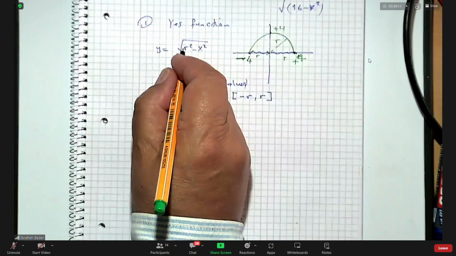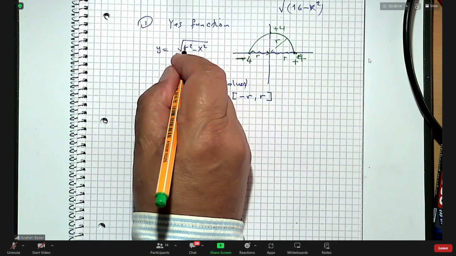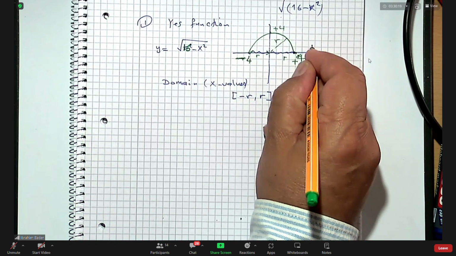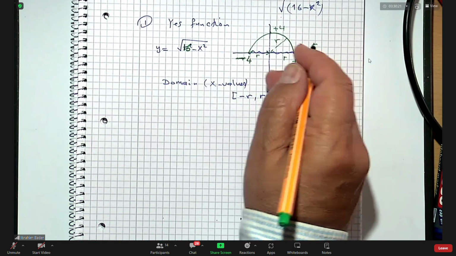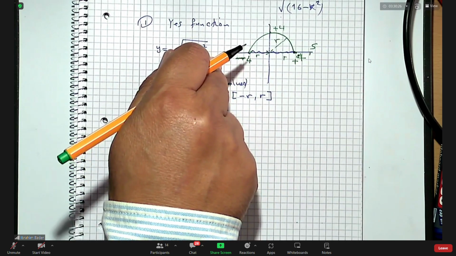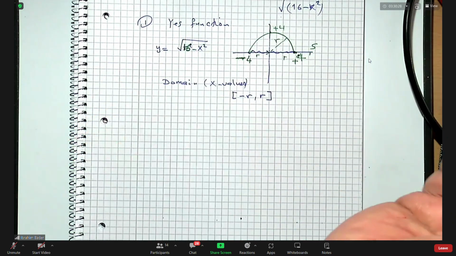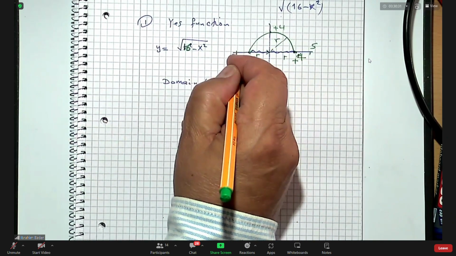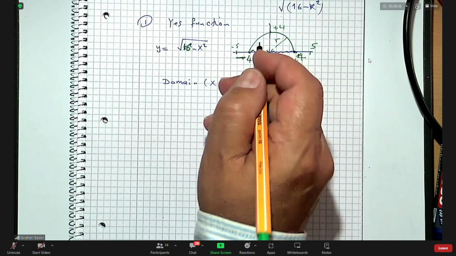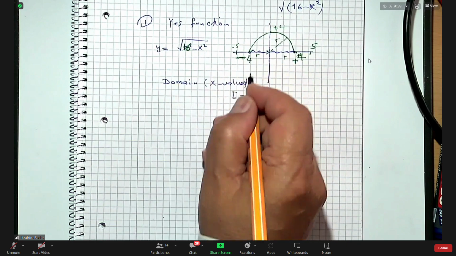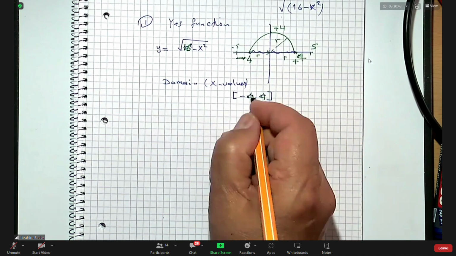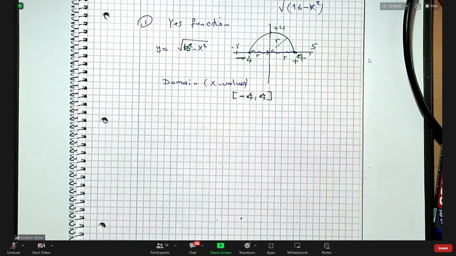Now here is 16. Any value here, let's take 5. You take 5, you square it, you subtract 16 from 25. You will be getting a negative, right? So it's not a real number. The same if you take -5 to the left. So the values that make sense here are in the interval -4 to 4. This is the domain.